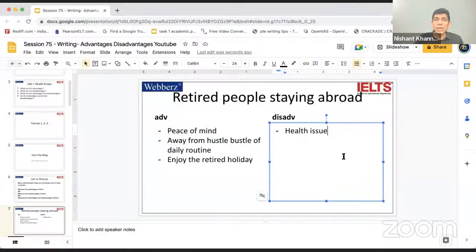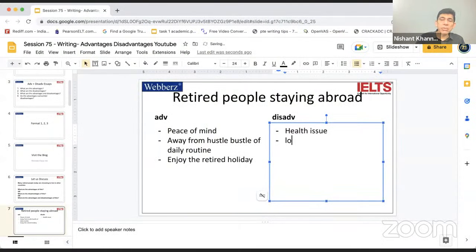A very major problem if they get sick. Now suppose a person from the UK goes to New Zealand to stay there for the rest of his retired life. He's going to face a lot of trouble if he doesn't have medical insurance, if he doesn't have proper healthcare facilities, doesn't have his own doctor. Everybody has their own doctors. That person is going to face a lot of problems. So health issues.